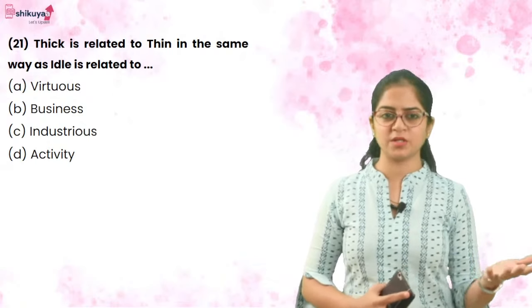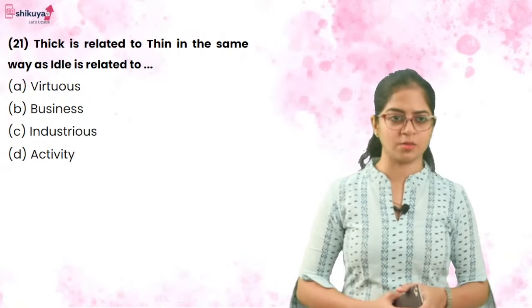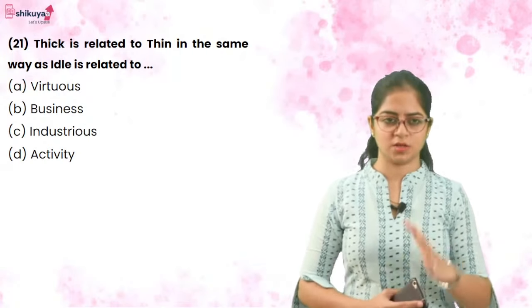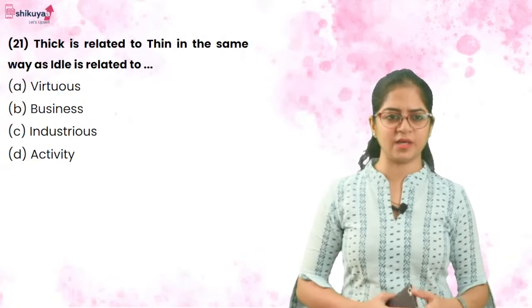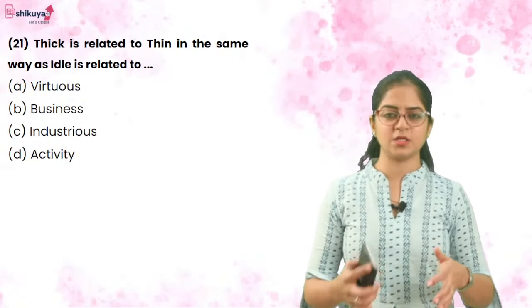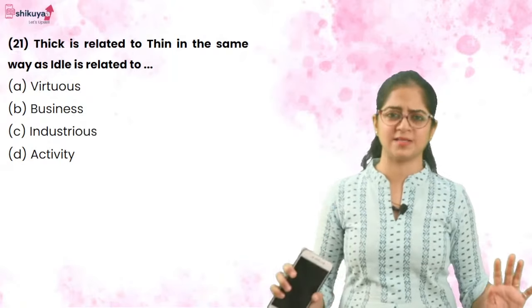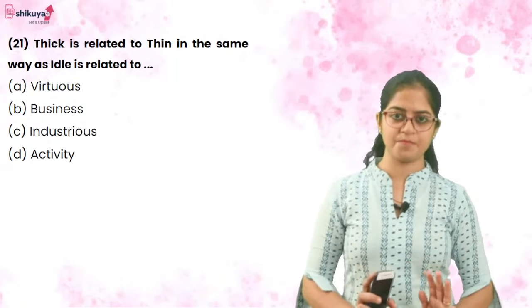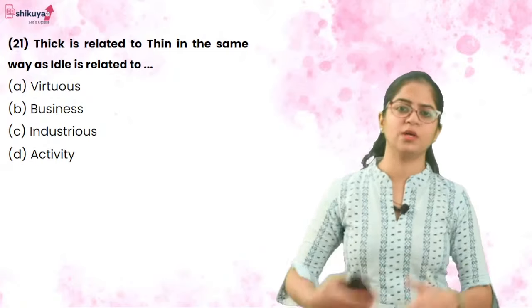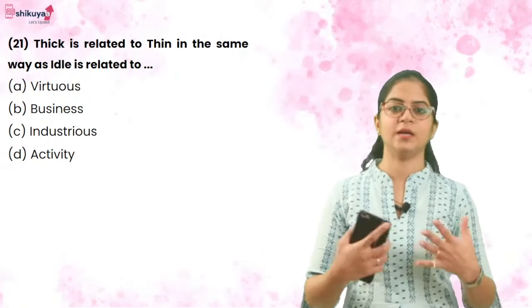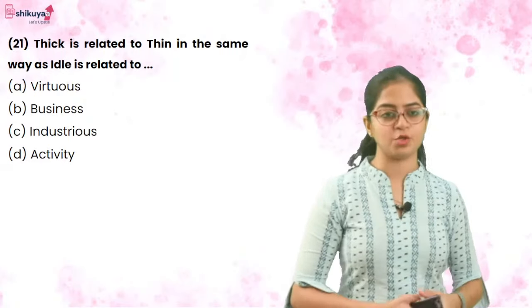Business, not the pair. Industrious, of course we can think of it. Activity, no, right? Industrious means hard working. The one who sits idly, does nothing, is idle, okay? And the opposite could be the one who keeps on working hard, that is industrious. So you can go with option C.